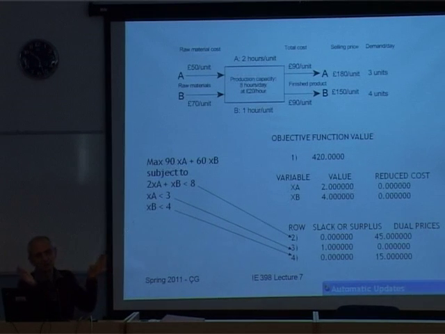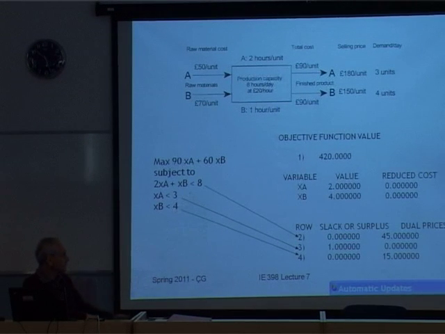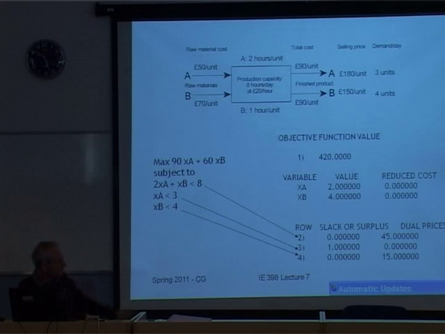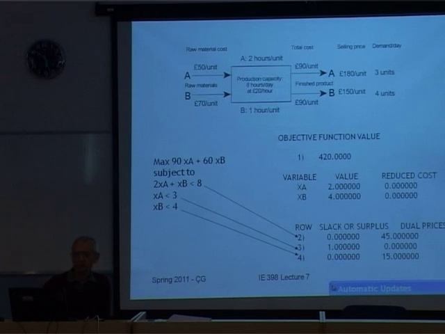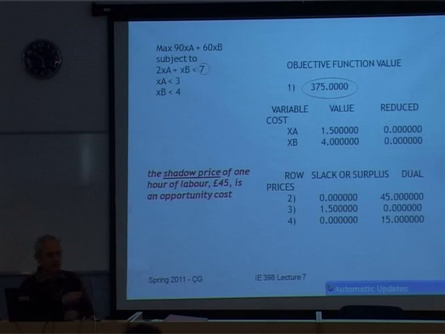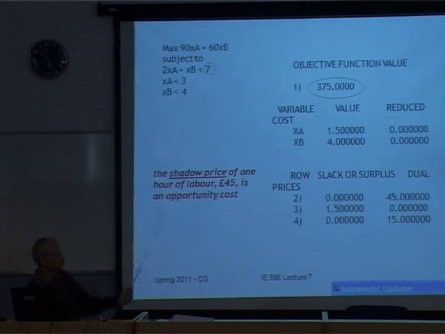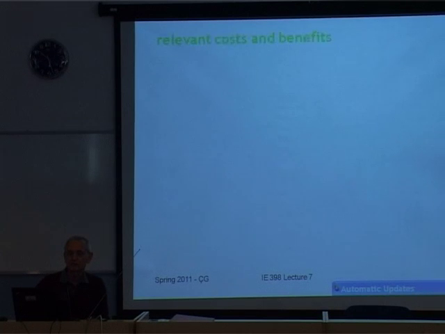You can approximate this if the units are small, like 8 and 1, etc. It comes out as exactly as you can see. So 45 over there is an example of what we mean by an opportunity cost. It is also a shadow price. Dual prices are known as shadow prices, as you know. So the shadow price of 1 hour of labor, which is 45 pounds, is an opportunity cost.